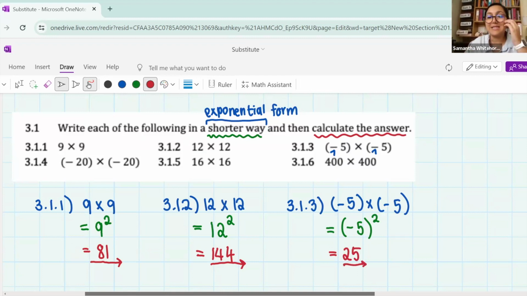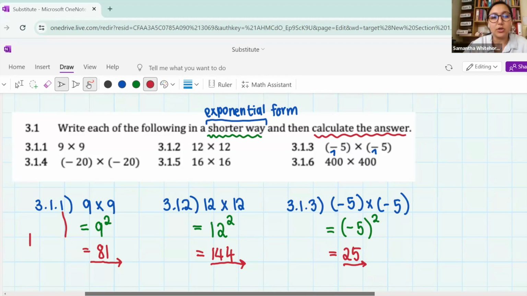So even when there is that negative, nice guys, I love that we've got these answers coming in the chat. Even when we have these negatives that we're multiplying with, we don't need to stress. We put it in our bracket, we raise it to the power of 2, and we've written it in the simplified form.